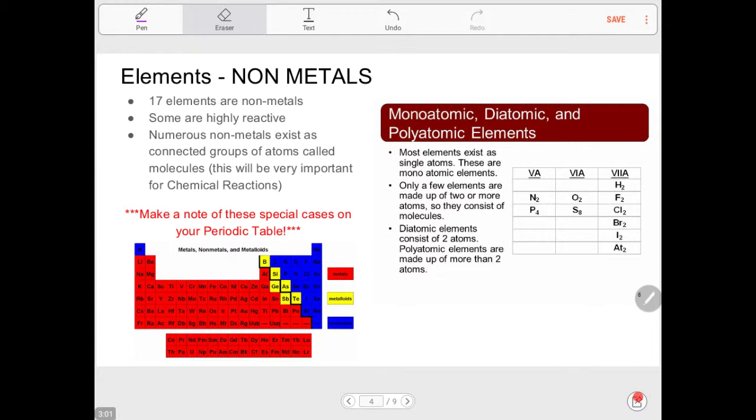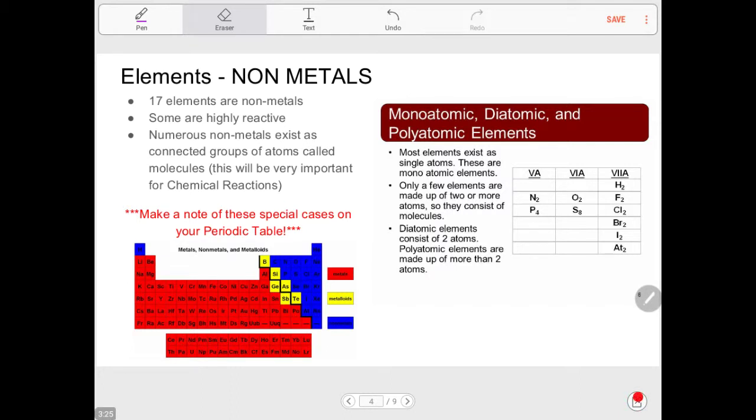Now, the next thing I want you to be aware of, I'm not explaining why. I'm not even telling you why it's important right now. But there are certain non-metals that come in diatomic or polyatomic forms. What that means is they exist in weird groups. And what I mean is, you know that you're breathing in oxygen right now. But the oxygen you're breathing in, it's a molecule, it's a group of 2, okay?